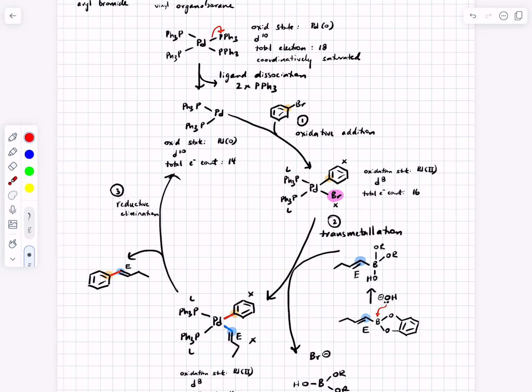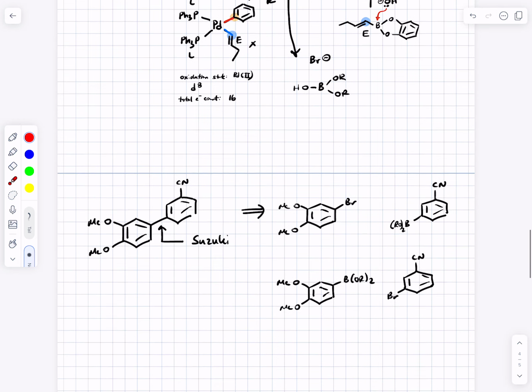Is this an oxidative addition step? Is this a reductive elimination step? Is this a transmetallation step? It's also totally fair game for me to take any of these organometallic complexes and say, hey, what's the d electron count? What's the oxidation state? And so on. Okay, that's about all we have time for the Suzuki reaction.